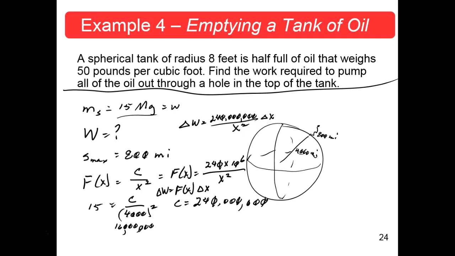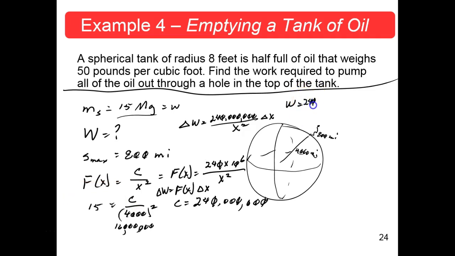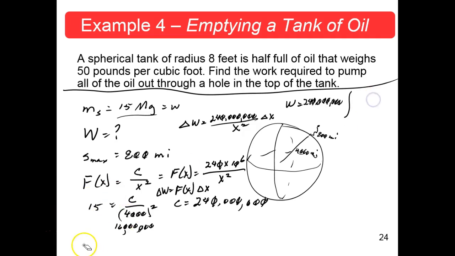So when you integrate that, your work will be 240 million out front times the integral of dx over x squared. Actually, I don't like writing it that way, so I'm going to change it: x to the minus 2 dx. That's far easier to do an antiderivative for.